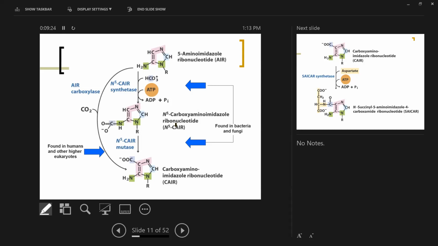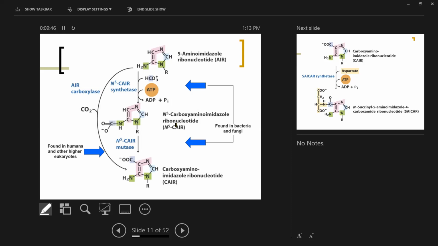In fungi and bacteria, you have the synthesis of N5-carboxylamino imidazole ribonucleotide, or NCAIR. You stick the carboxyl group here. You burn an ATP. Then you just move it up to here with an NCAIR mutase.